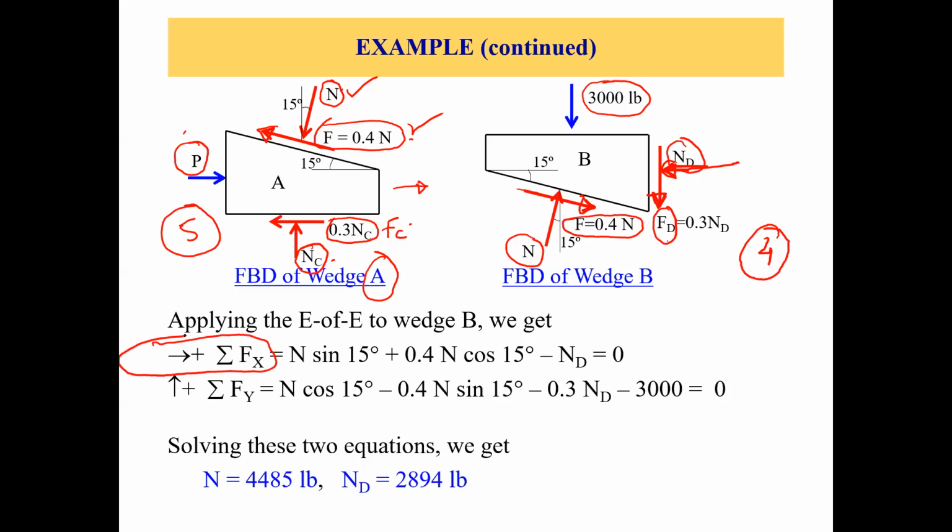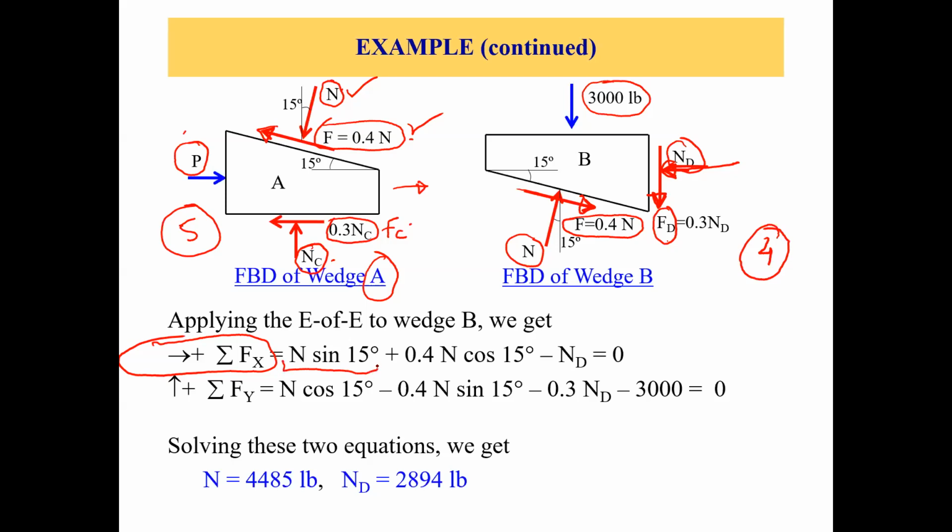We are applying these equations to wedge B. So what are the forces acting in x direction? If you take a look at the free body diagram, we have the x component of F, we have the x component of the normal force, and we have N sub D, right? So we have three forces.